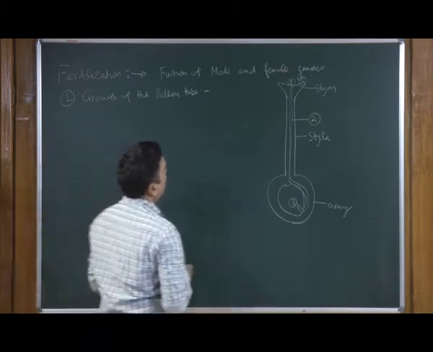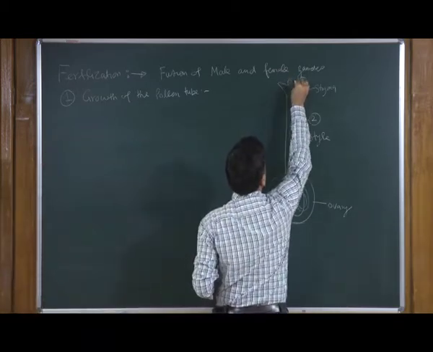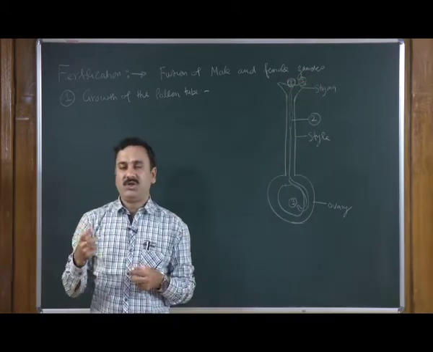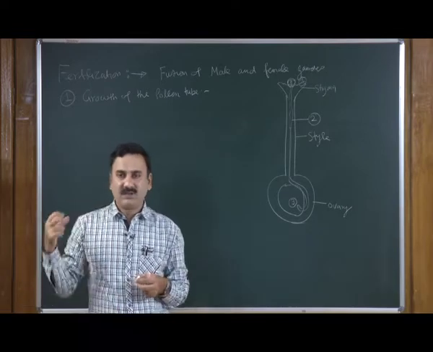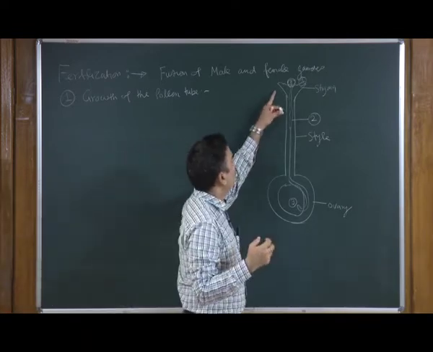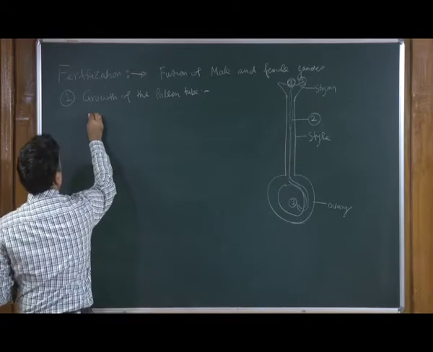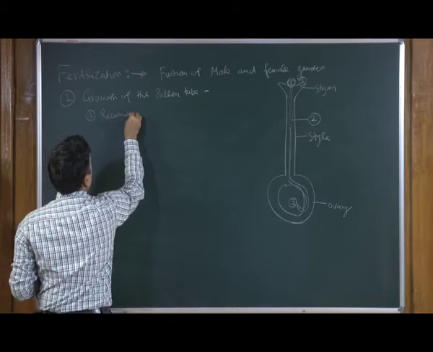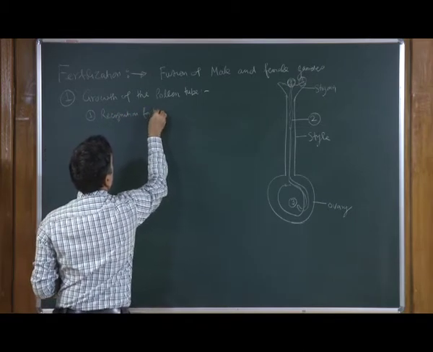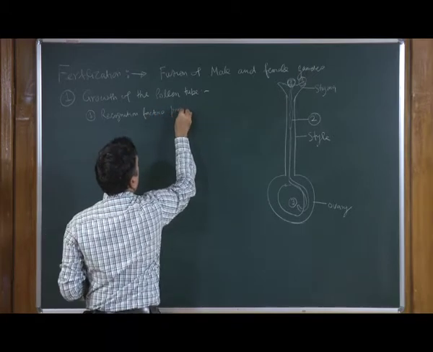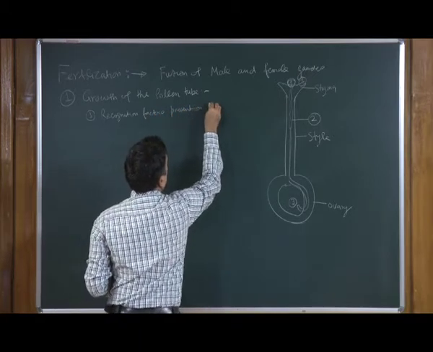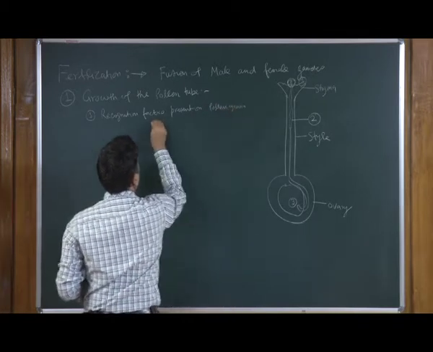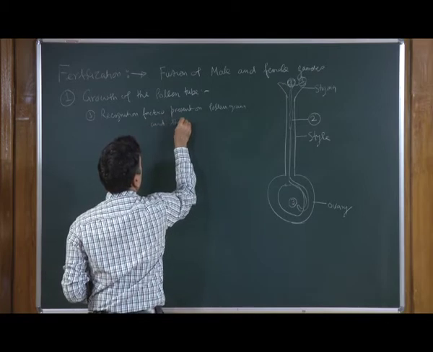As soon as the pollen grains fall onto the stigma, you know that the stigma is a place where the mutual recognition of the pollen grains with the stigma takes place, and that is all done by the recognition factors present on the pollen grain and stigma.